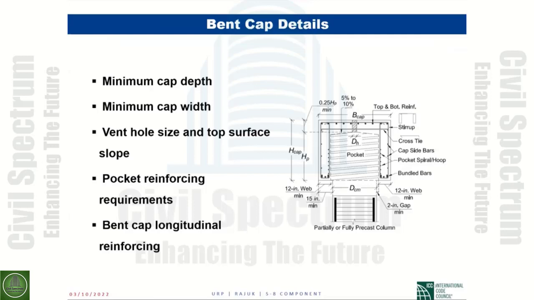So we have provisions that tell how to bundle the bars, what size of cap beam width we need, and how much extra width we need to enable the bundling of the bars. So this is the cross section that we show. There are also other provisions. At the top of the bent cap, you have to provide some opening so you can place grout or concrete from the top.